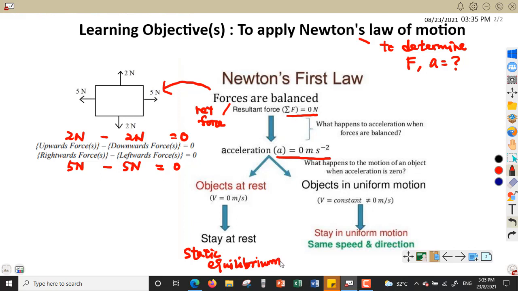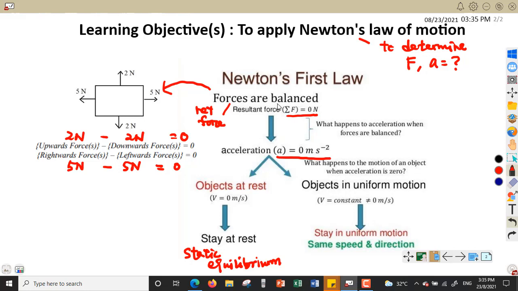But not necessarily when the forces are balanced is the object at rest. Sometimes you might find that when the forces are balanced, the object is in motion. So what is going to happen to the object that is in motion?